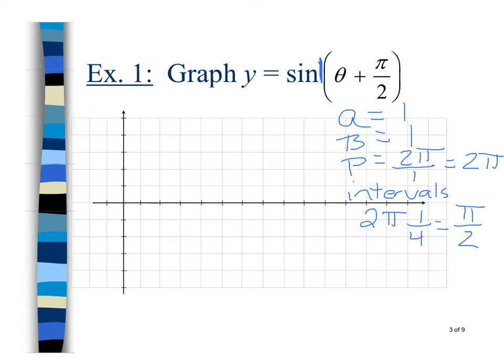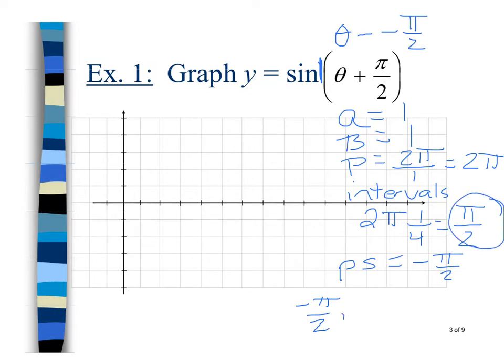We now have to think about our phase shift, which just means how much you're shifting left and right. So because this is theta minus negative pi over 2, we're going to start at negative pi over 2. If I start at negative pi over 2 and keep adding the interval of pi over 2, I'm going to have negative pi over 2, 0, pi over 2, 2 pi over 2, which is just pi, and then I'm going to end at 3 pi over 2.